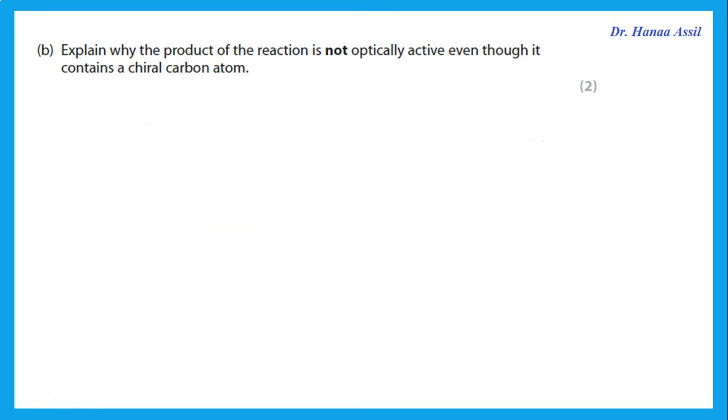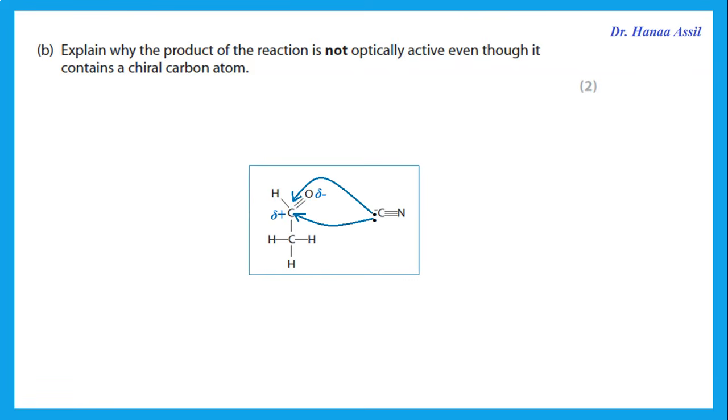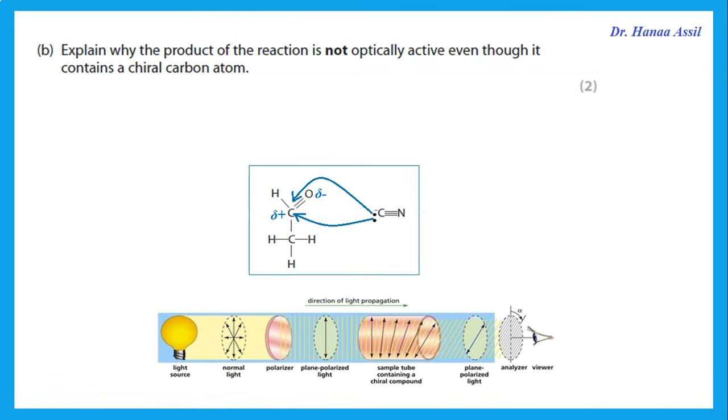Explain why the product of the reaction is not optically active even though it contains a chiral carbon atom. So it has a chiral carbon, but in order to get the product, the cyanide can attack from both sides with equal chances.